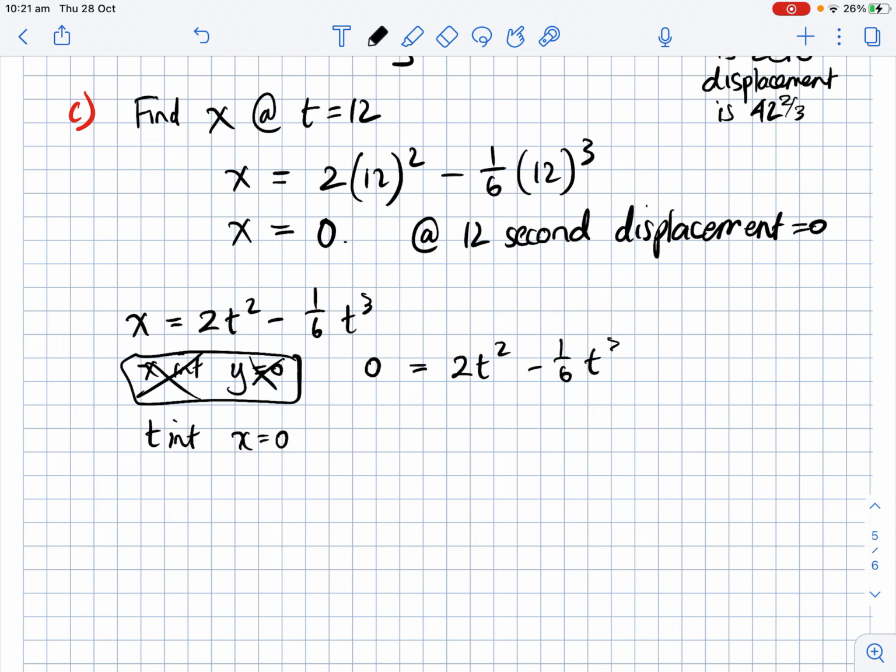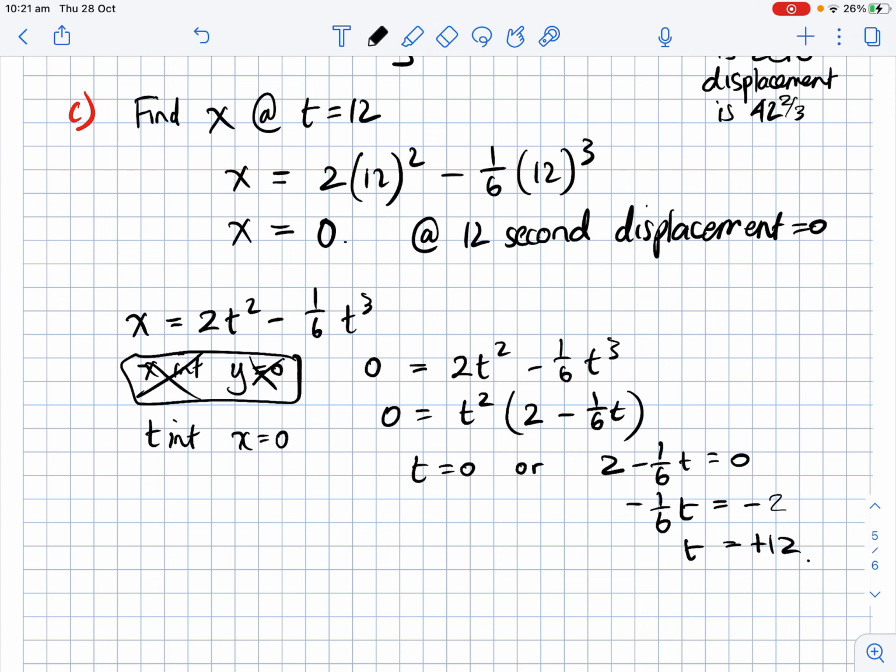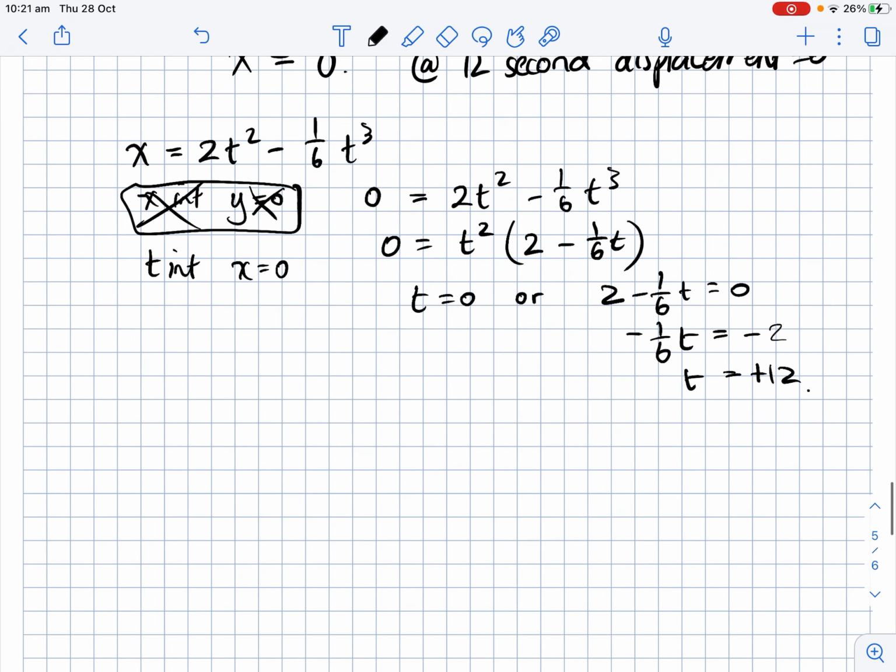So 2t squared minus 1/6 t cubed, common factor of t squared, and we get 2 minus 1/6 t. So then t equals 0, or 2 minus 1/6 t equals 0. So 1/6 t equals 2, t equals positive 12.